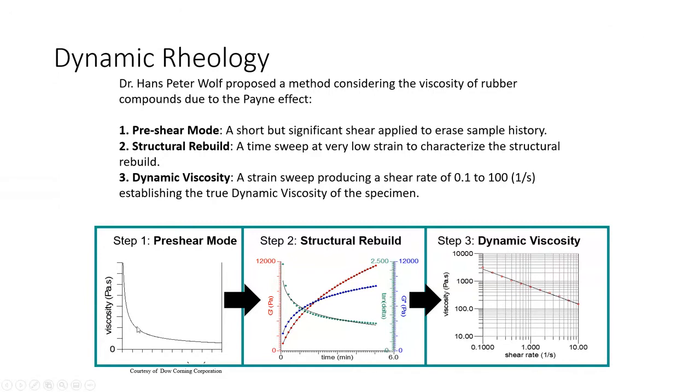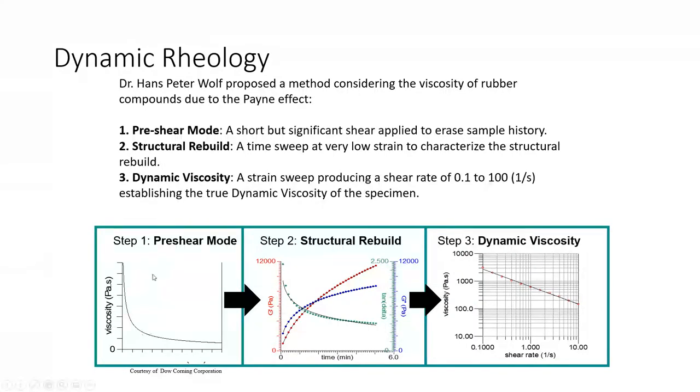And this is first a pre-shear mode, where we do a short but significant shear applied to erase the sample history. So all of our programs basically have this. You've taken a rubber material, you set it on the shelf, and you note the viscosity increases over time. And there is a degree of minor strain that can be applied to bring it back down to what it would be if it were freshened on a mill, or freshened by running it through the screw and barrel.